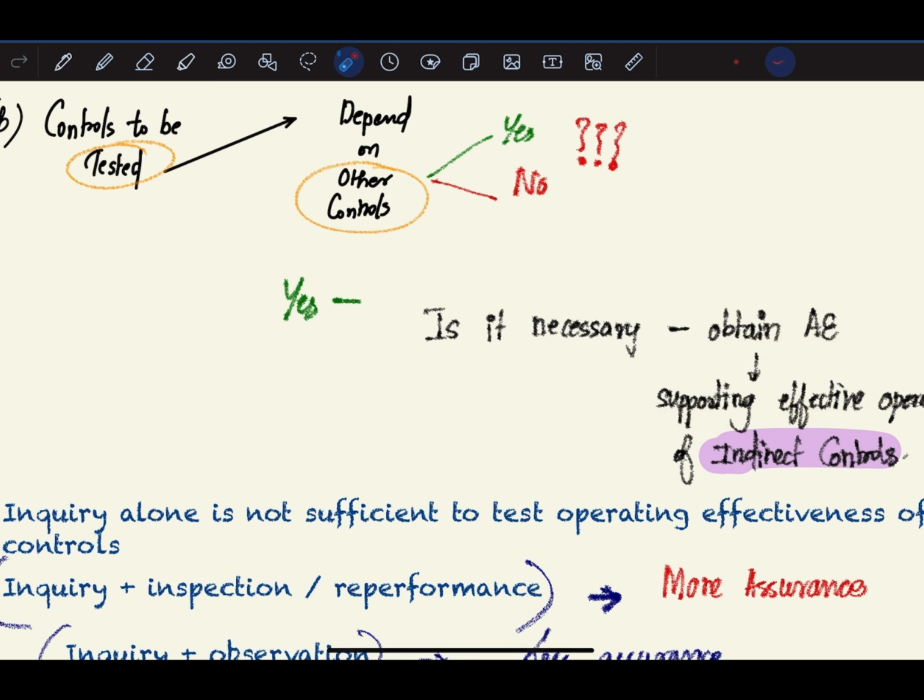So these are the two things which the auditor will keep in mind while designing and performing test of controls.